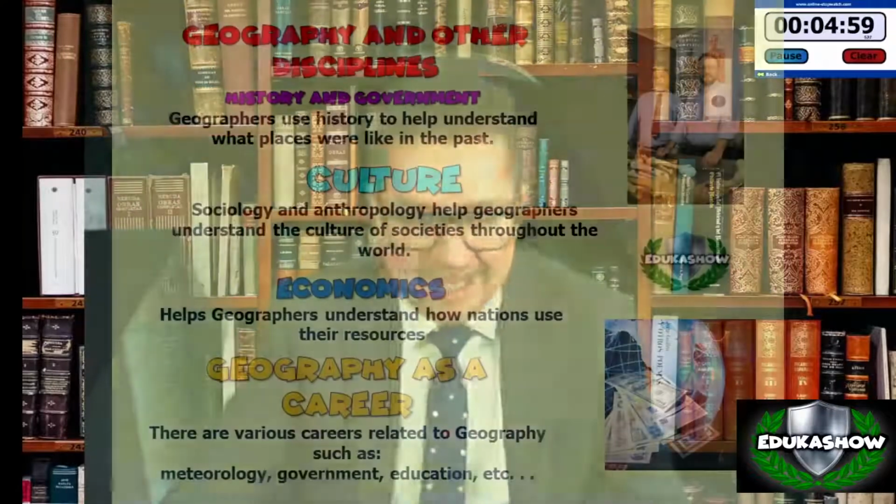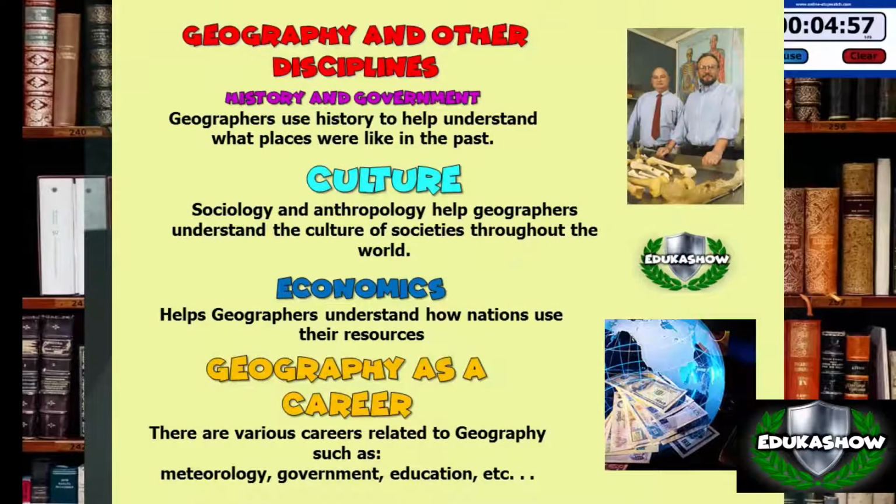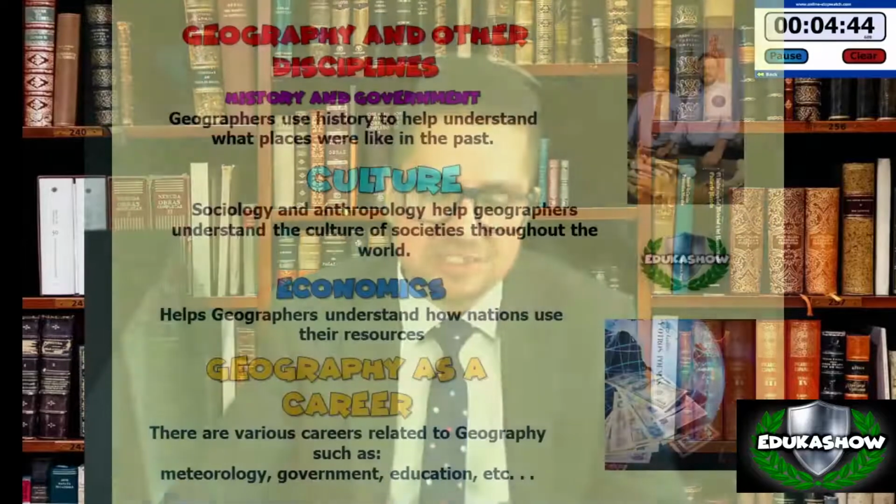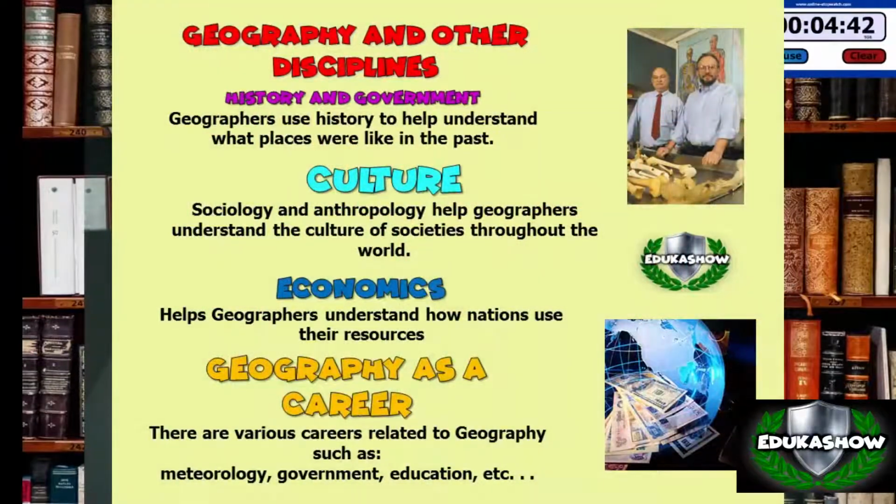Slide number 30, geography and other disciplines. History and government. Geographers use history to help understand what places were like in the past. Of course, very interesting. This is super important to know exactly, to recreate the history.